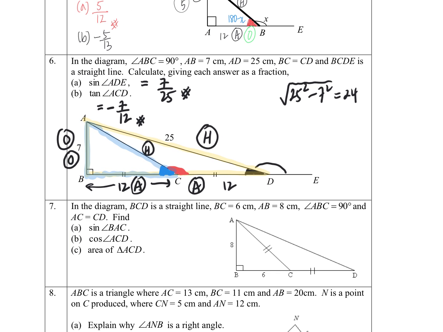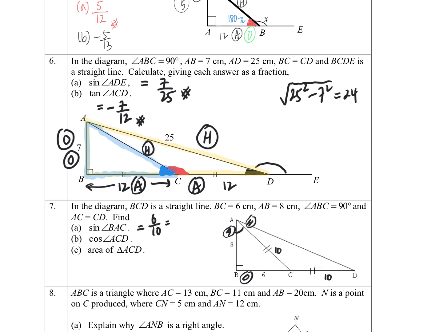Okay, next one. BAC. This angle. So H, A, O. So acute, no problem. What is the sine ratio? 6, oh, this one is 10 for your info. 6 over 10.